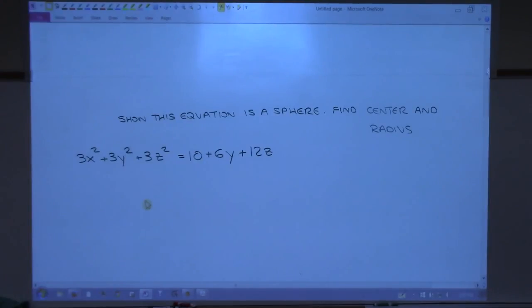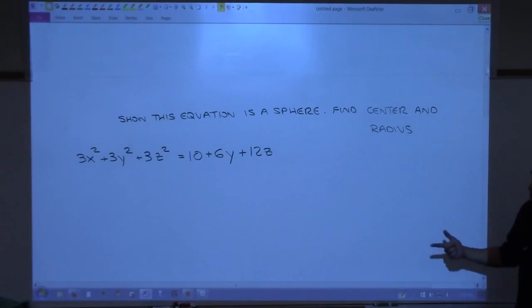If you can tell me how to do it. Anyone have any ideas? Complete the square? Yeah.